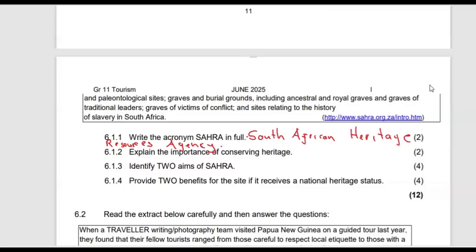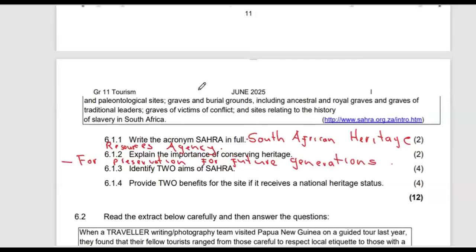Then the next question, explain the importance of conserving heritage for preservation for future generations. We are supposed to conserve heritage for future generations. Two aims of SAHRA.